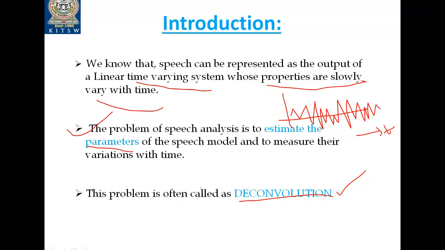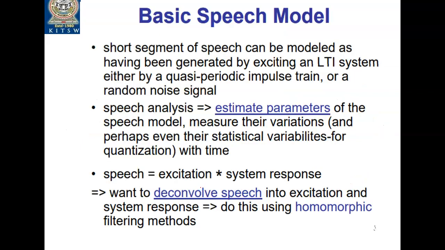By introducing the homomorphic system for convolution, we will see how to estimate the parameters in a smooth way. So let's get started. The basic speech model is that a short segment of speech can be modeled as generated by exciting a linear time invariant system, either by a quasi-periodic impulse train or a random noise signal.